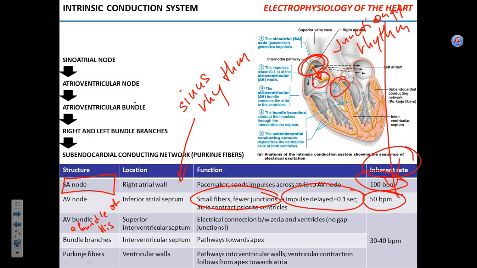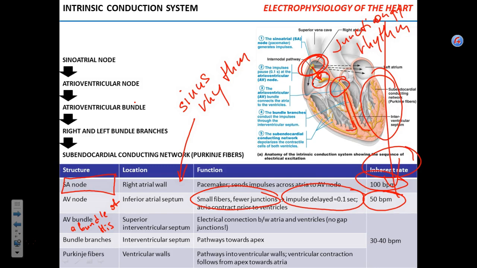AV bundle branches, and each branch enters the ventricular wall. Obviously, the branch that gets to the left ventricular wall is bigger and more significant. Does that make sense? Because the wall is thicker.